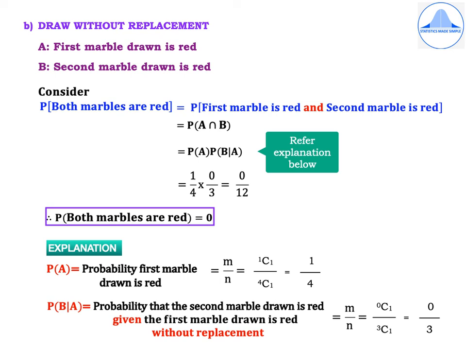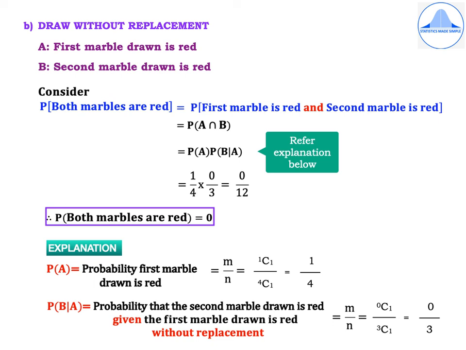This means that you have removed one red colored marble and you're not putting this red colored marble back into the box. Now you have to remove this second marble, and this marble should be red in color. So the total number of red marbles in the box will reduce and it will become 0, and the total number of marbles in the box also will get reduced.